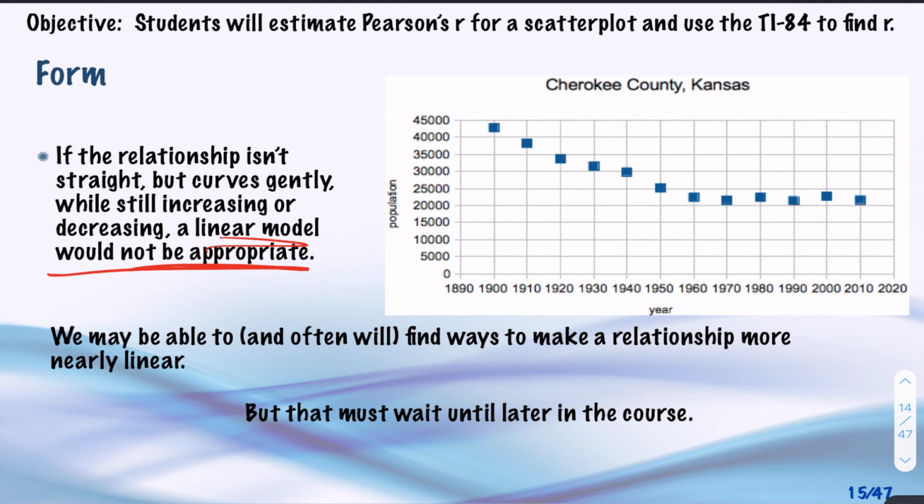By linearizing this curve, if we take this exponential function and maybe take the log of one of the variables, now this will become a line. Okay, put a pin in that, because that is what chapter 10 is about. So we're going to have to wait a little bit into the class until we take a curvilinear function and make it linear. But that doesn't mean we can't do it.